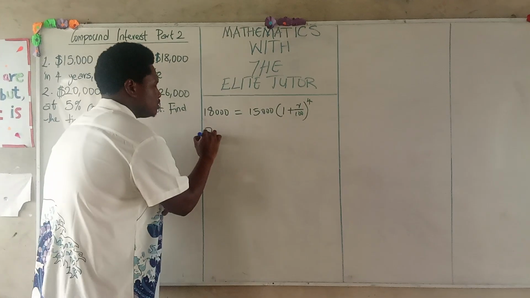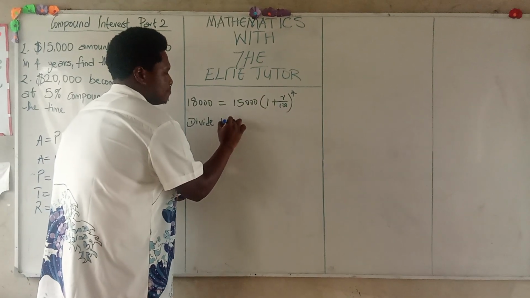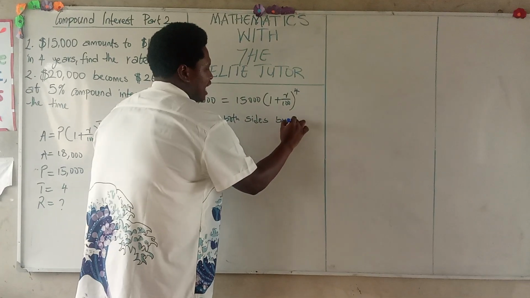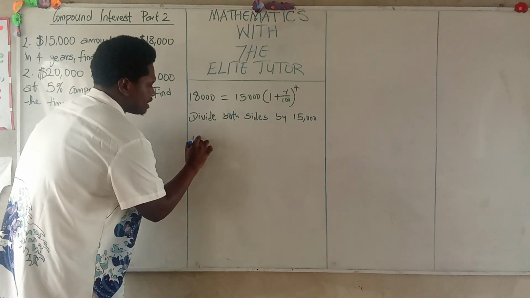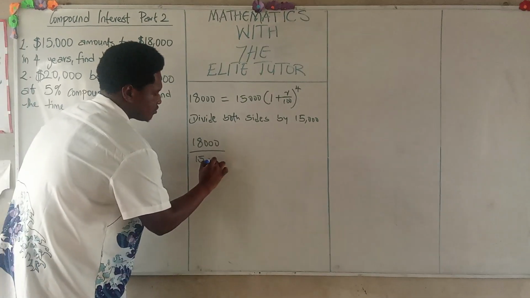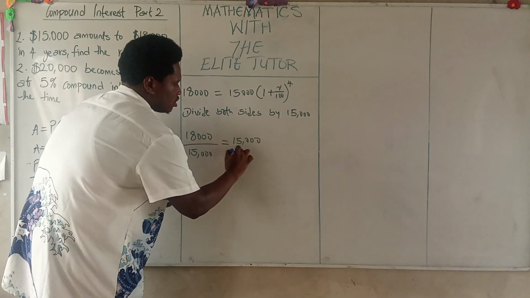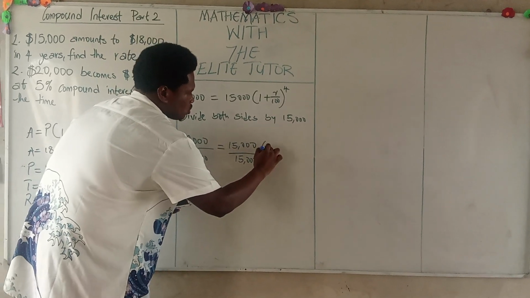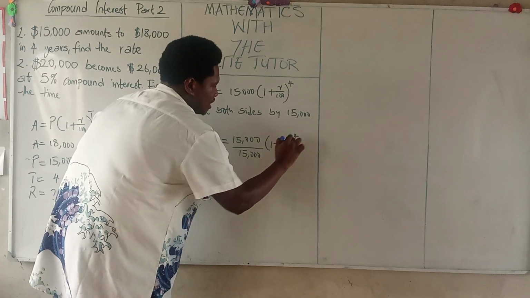So this will be 18,000 over 15,000 is equal to 15,000 over 15,000 into 1 plus r over 100 raised to power 4.